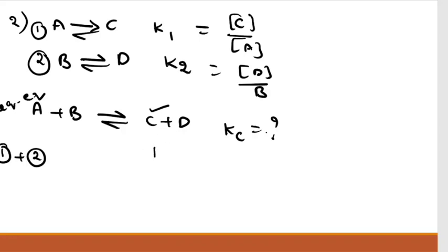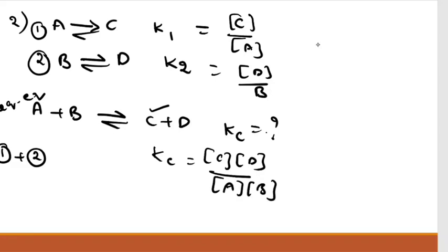Now, what is Kc for this reaction? C into D divided by A into B. That means if we just multiply these two, you will get this expression or not. That is nothing but K1 into K2.